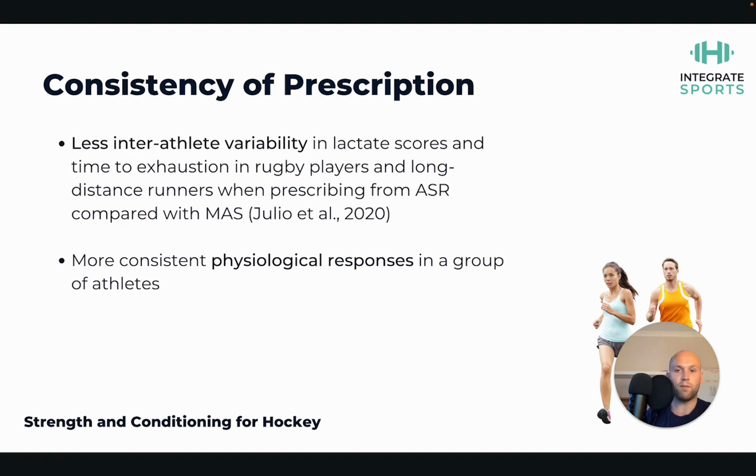But when we do account for it, the variability massively reduces. So Julio et al. found less inter-athlete variability in lactate scores and time to exhaustion in rugby players and long-distance runners when prescribing from anaerobic speed reserve. So basically it keeps a more consistent physiological response in a group of athletes, which is what we want.